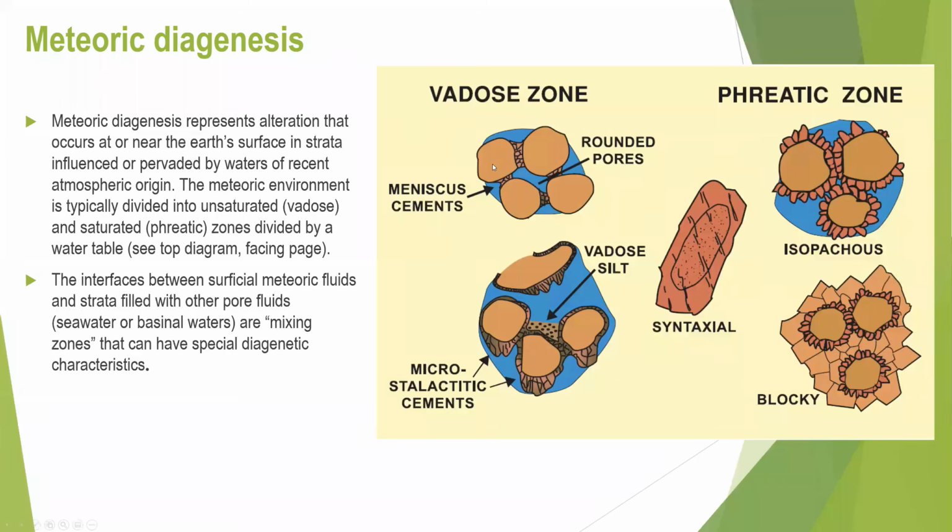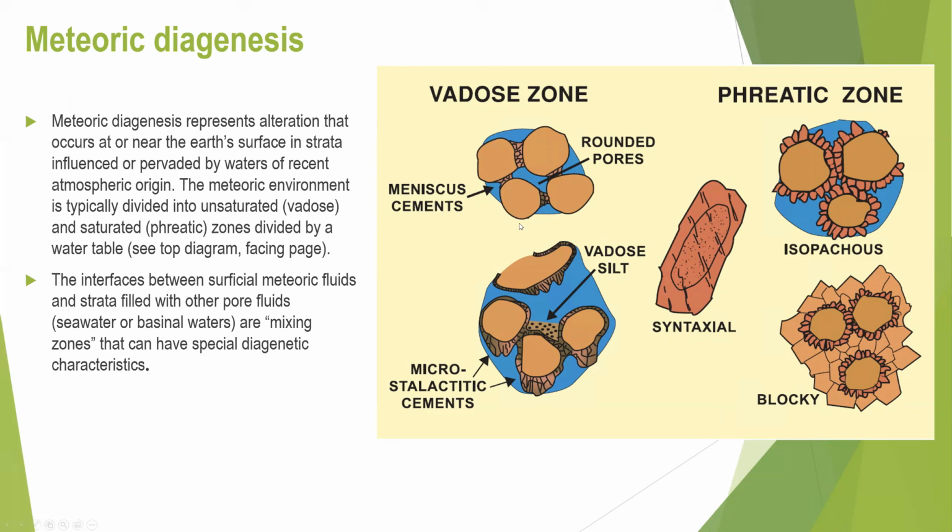And if we see this image, you can see meteoric diagenesis, especially in the vadose zone, where the pore system of the carbonate is not fully saturated with water.